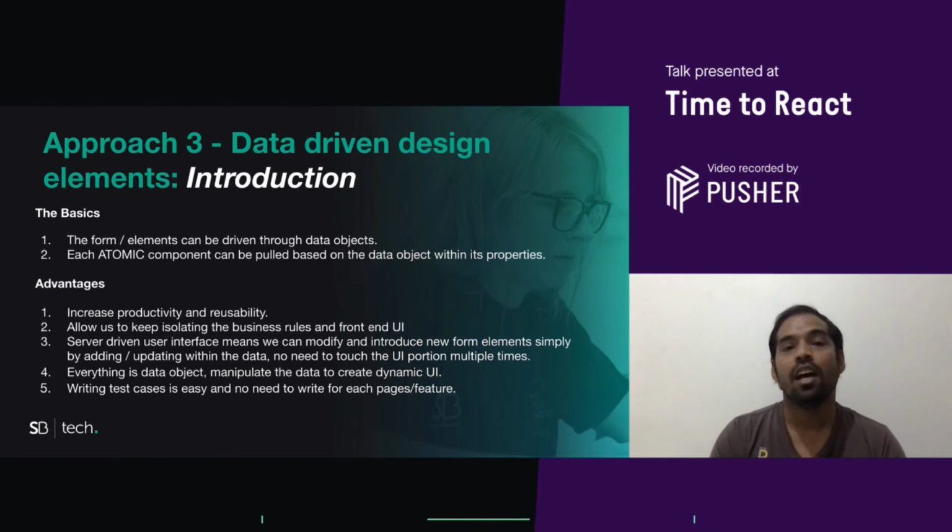So in the second approach, if you see, I'm having an atomic component and I'm hard coding those atomic components in my pages, rather than data-driven design elements, where each piece of UI, a piece of UI is called a component, can be called using data objects within its properties. So each piece of UI has its own key, and if you call the key, then React will serve the respective piece of UI. I'll explain in the further slides in a clear manner.